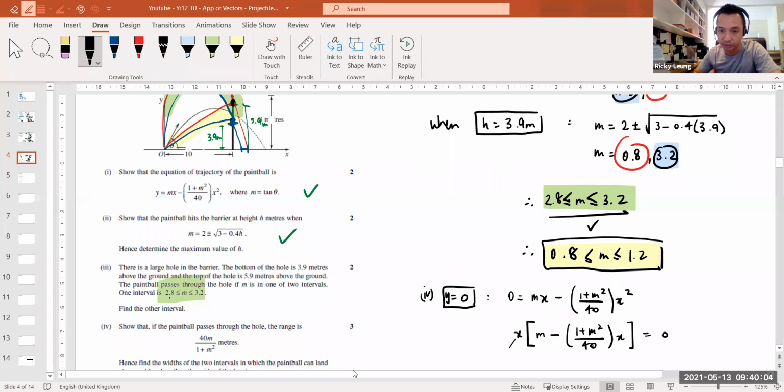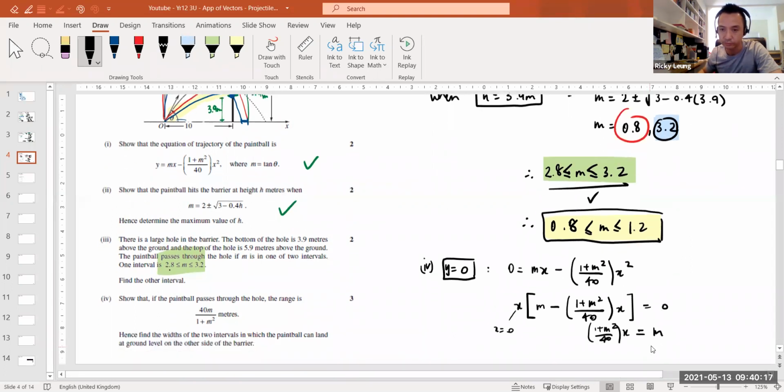It's this guy here that I care about. So x equals, maybe, (1 plus m squared) on 40 equals m. Let's do it in 2 steps. Chuck the m over. Therefore, times the 40 up, divide the 1 plus m squared down, and I got it, right? x equals 40m over 1 plus m squared. Beautiful. Very nice.